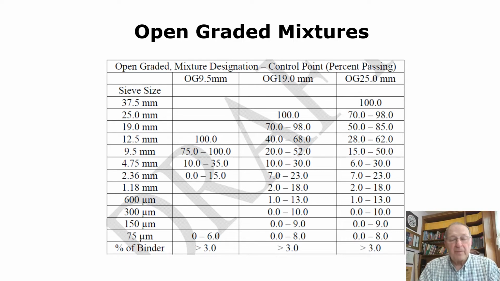There is a minimum percentage of asphalt that is specified for the open graded mixes, an explicit percent, as compared to the dense graded mixes, where there's not an explicit percent, but it is determined as part of the mix design process.